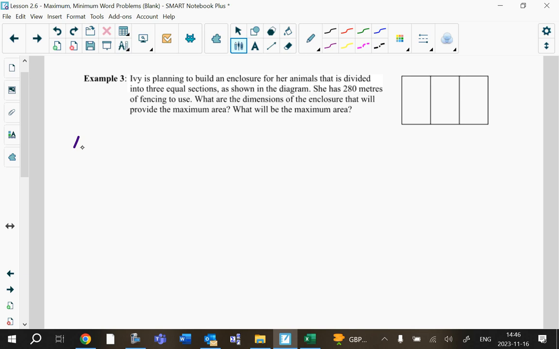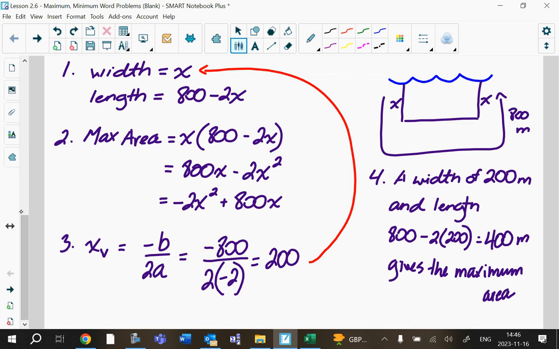What were we trying to find in the last question? Look at the last question. What were the unknowns? You guys, I'm asking you to read. You're making this way too complicated.